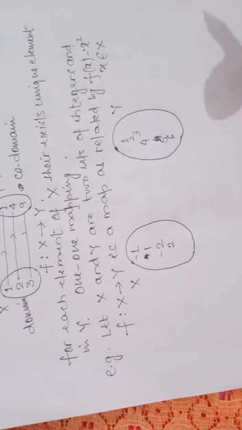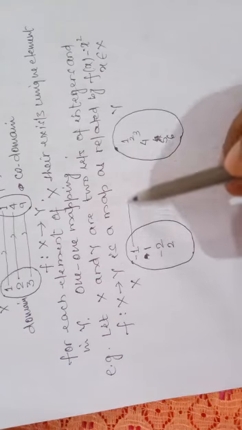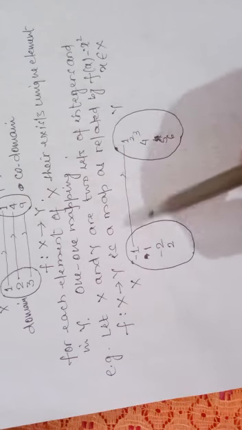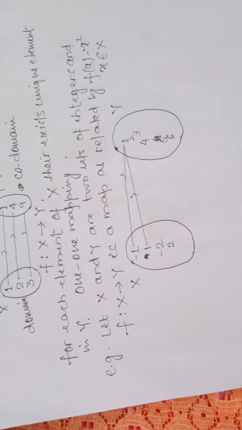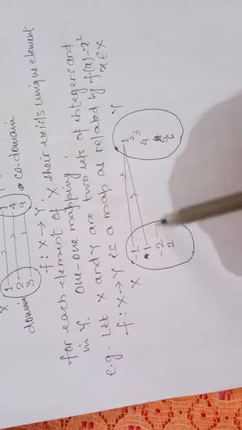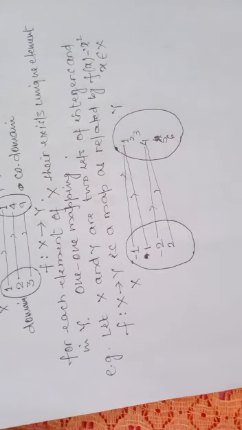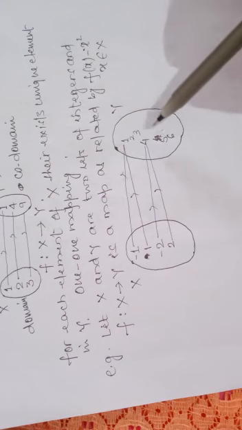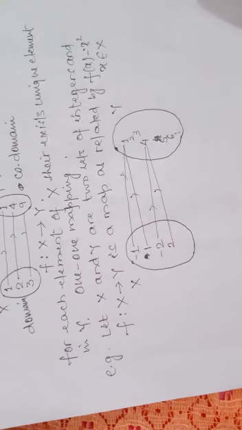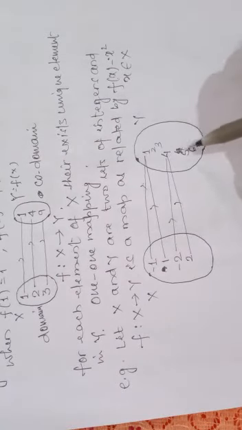Now map them, construct the function. Minus 1 goes to 1. 1 is also related to 1. Minus 2 goes to 4, plus 2 is also on 4. But 2, 3, 5, 6, etc. are elements which are not the image of elements of X.